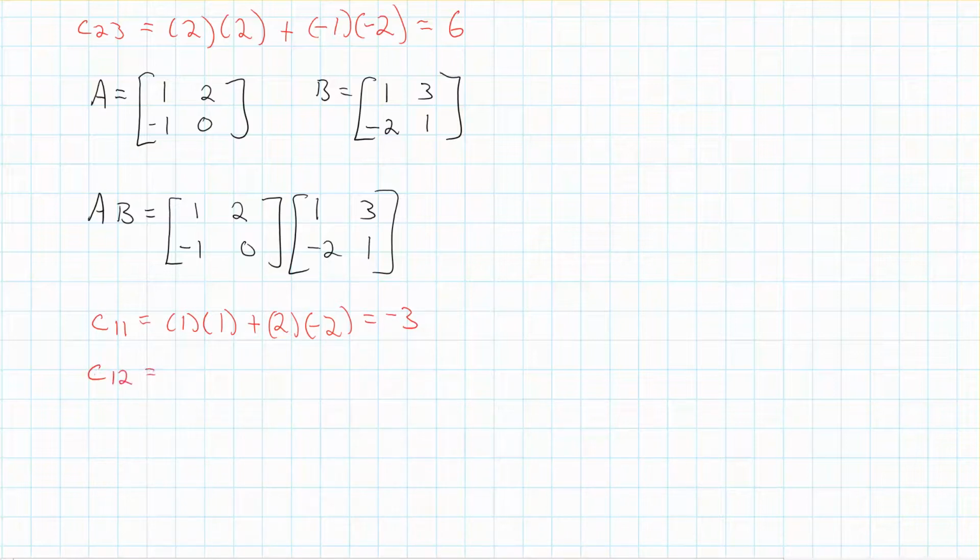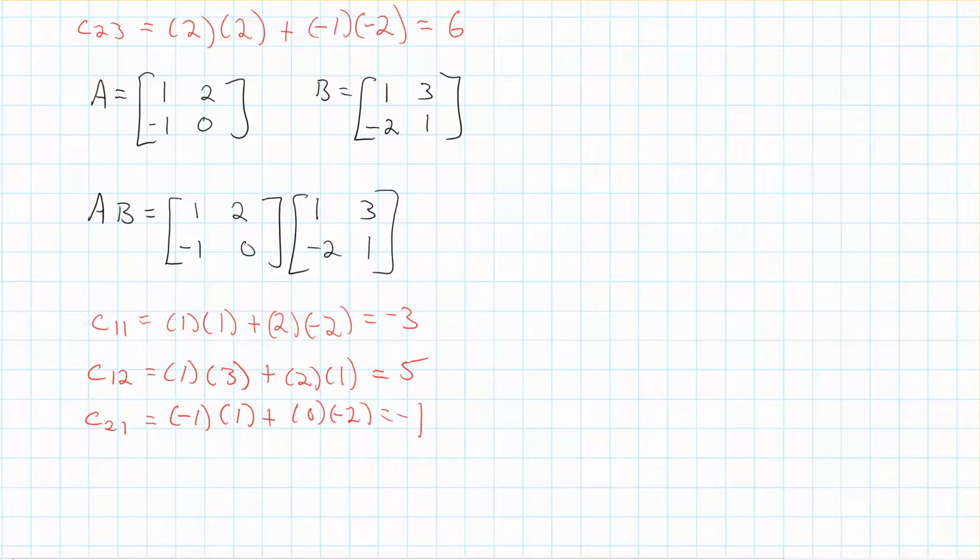C12 would be 1 times 3 plus 2 times 1, which is 5. C21, negative 1 times 1 plus 0 times negative 2, which is negative 1.